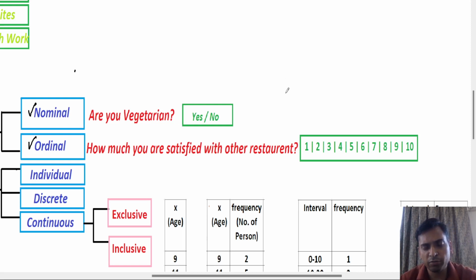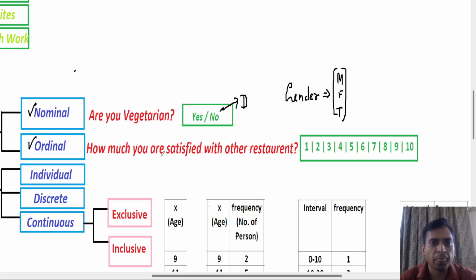In a question like gender, your answers may be male, female, or transgender, so there are three options. In the vegetarian question, there are two options. When you have two options, this data is also known as dichotomous.